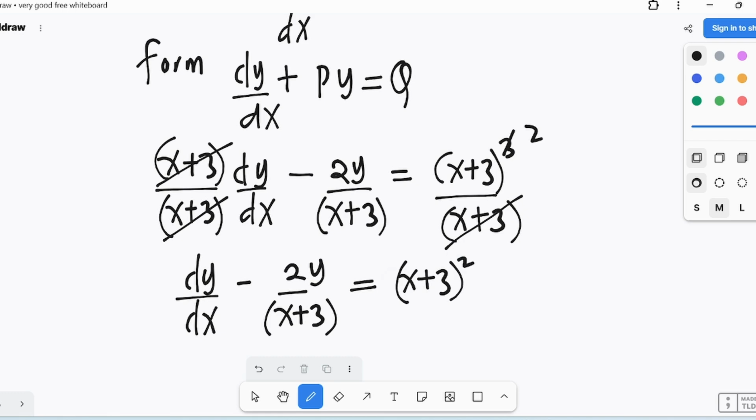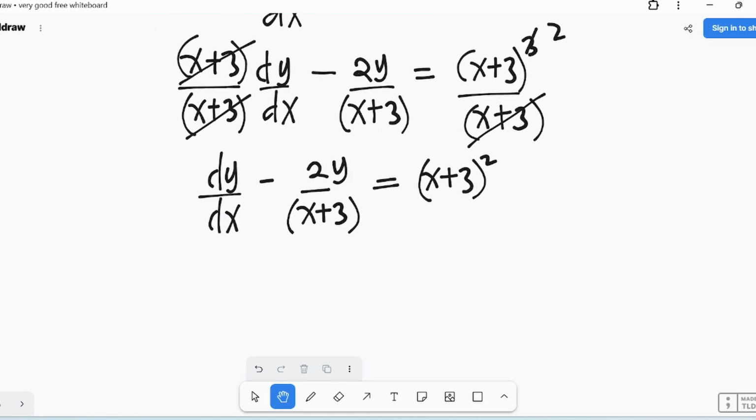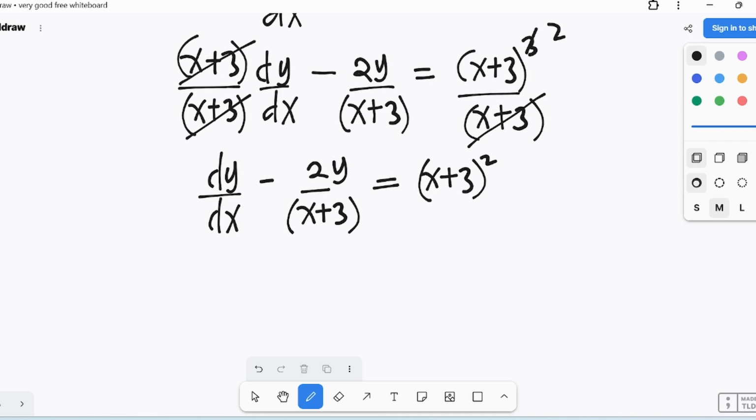Now the next thing is to get the integrating factor. So how do we get the integrating factor? The integrating factor is the exponential of the integral of P dx. But what is our P?